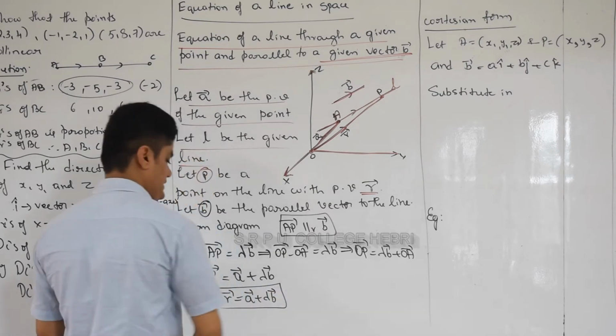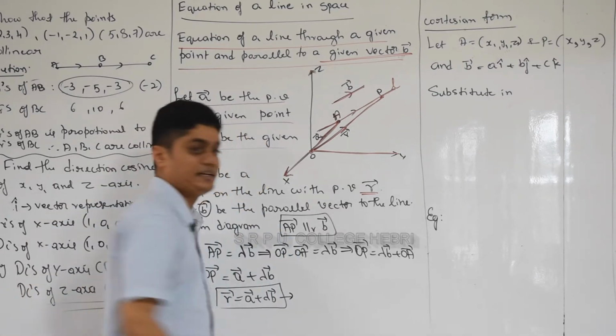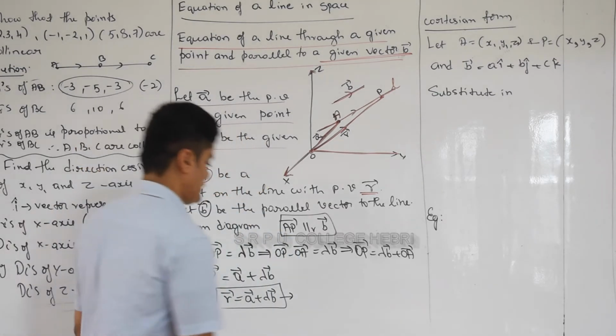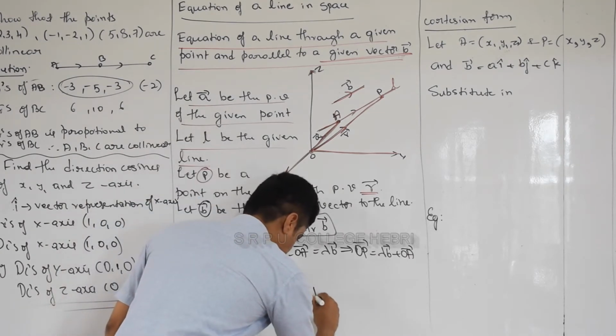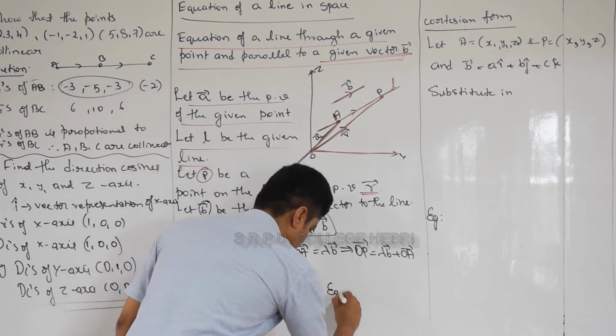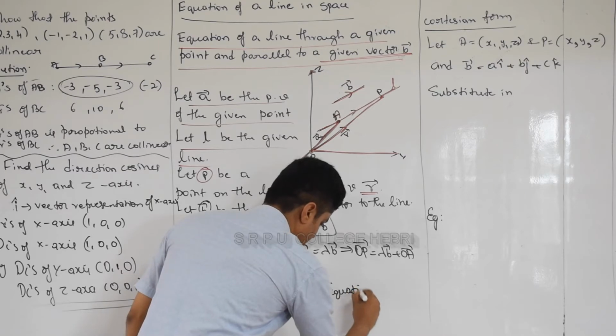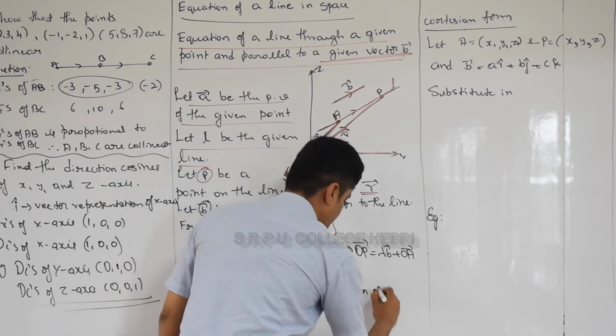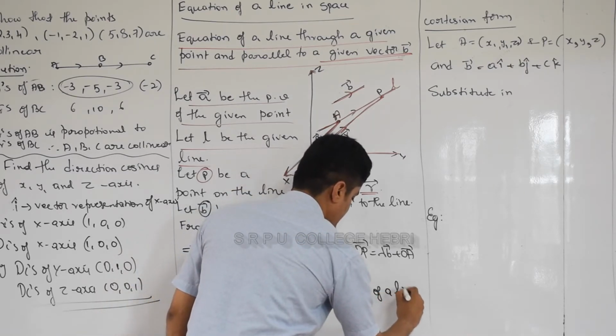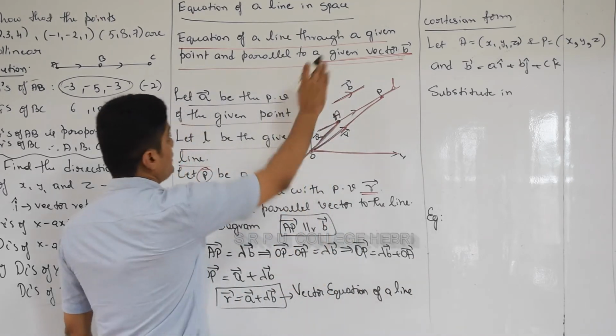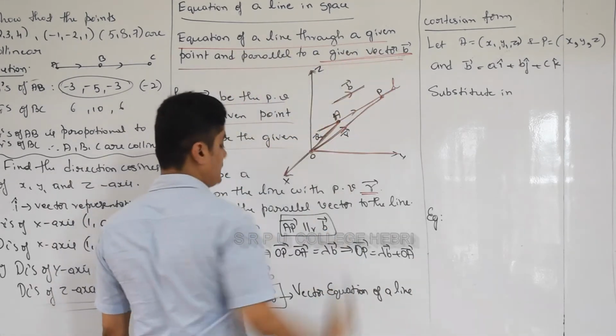So what does this represent? This represents the vector equation of the straight line, a line with the given point and the given parallel vector.